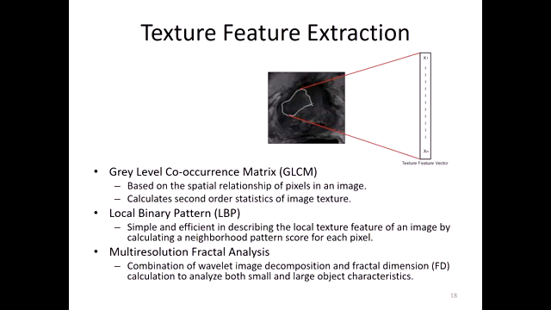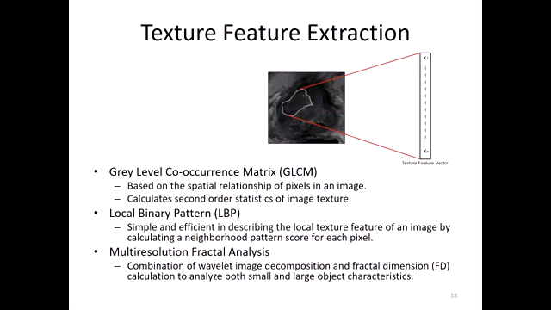It's based on the spatial relationship of pixels in an image, so next to each other or a distance from each other. And from this, we can calculate second-order statistics of the image texture. This will be the 14 Haralick features that Robert Haralick came up with in, I think, 1973, ways of describing these from a co-occurrence matrix.